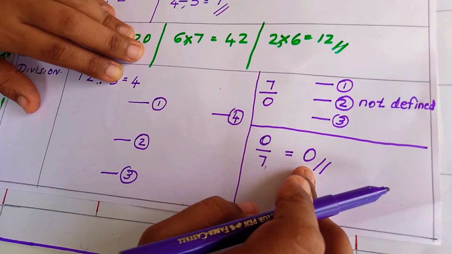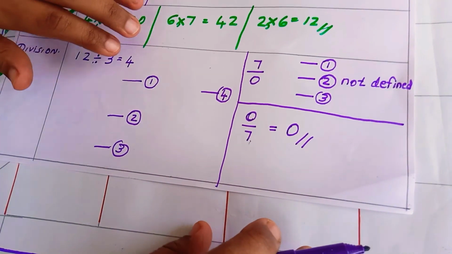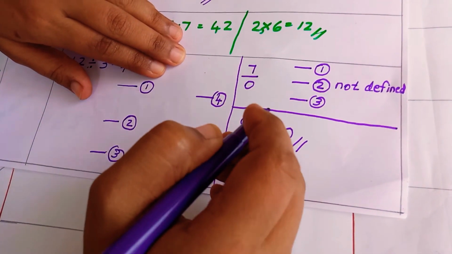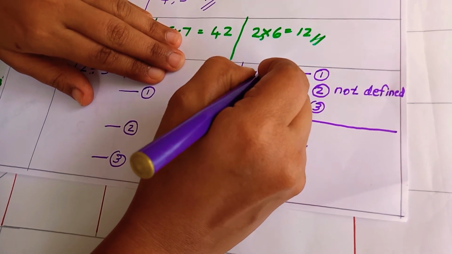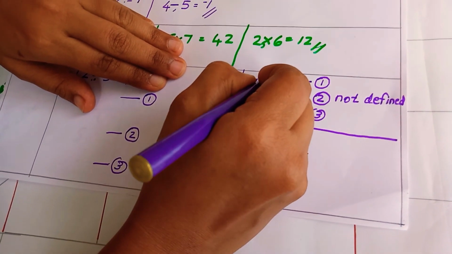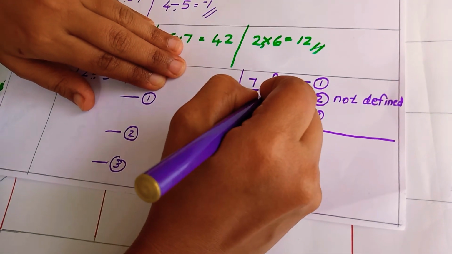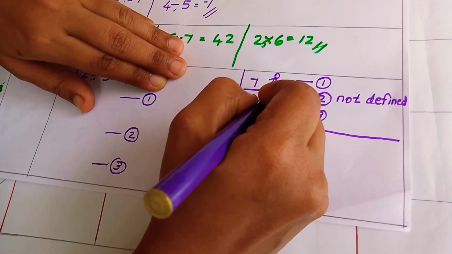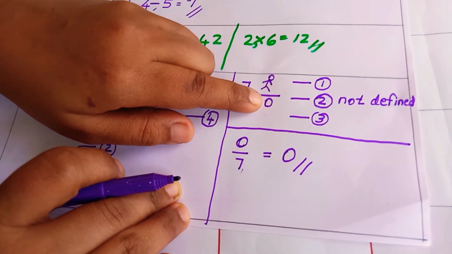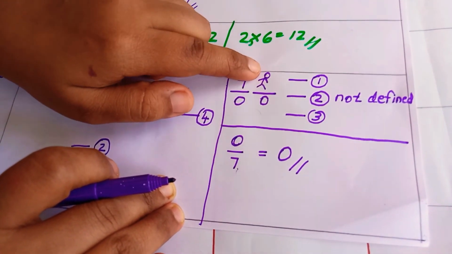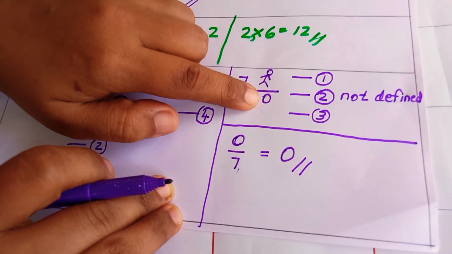For remembering this, I have a trick. See, 7 divided by 0, you just imagine that this 7 is a boy and this 0 is a ball. Is it possible for a boy to stand on a ball? Can he stand on a ball?